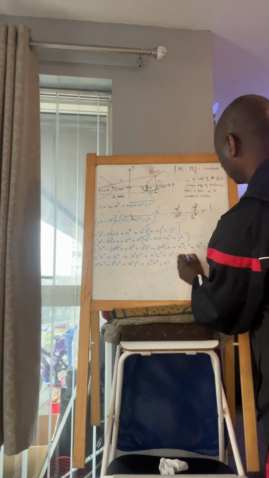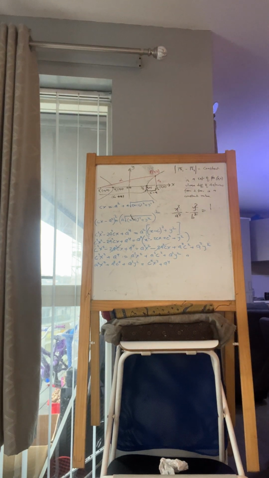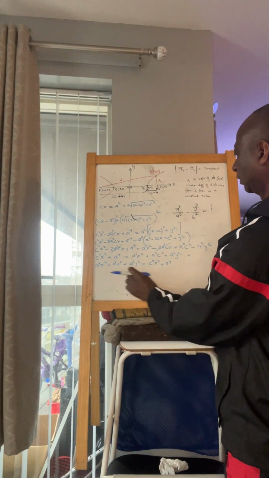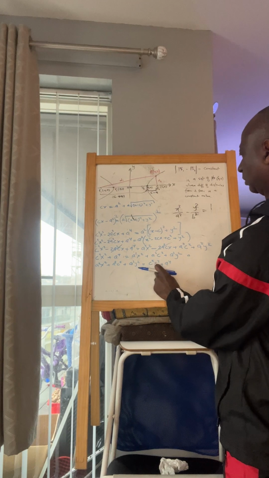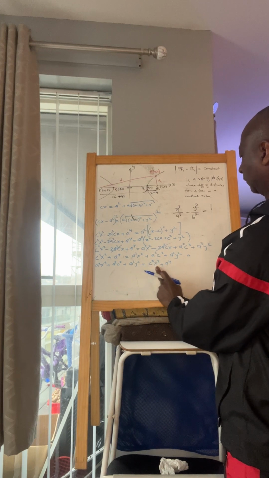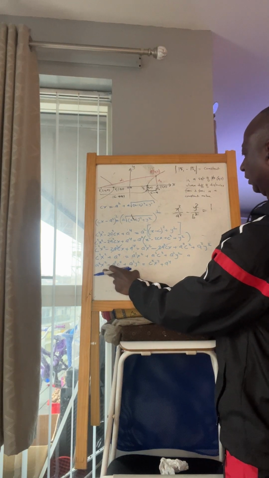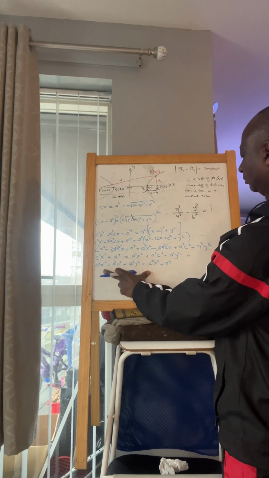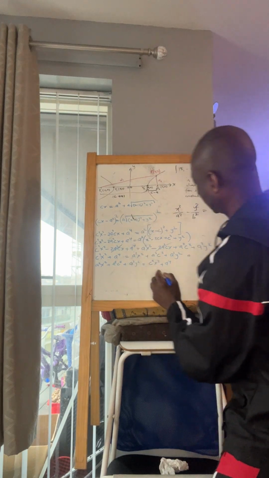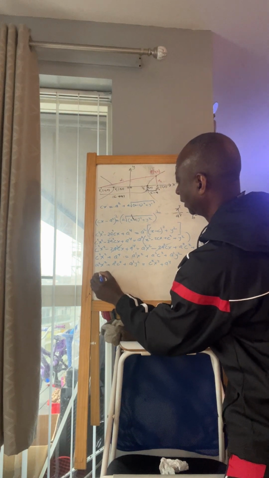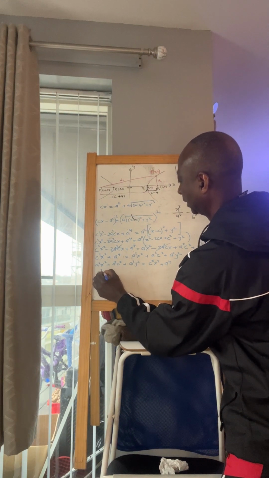I know if I have trouble, we'll come back here. So now, if this is a squared c squared, now I should even bring this x here. Anyway, we have a squared x squared.